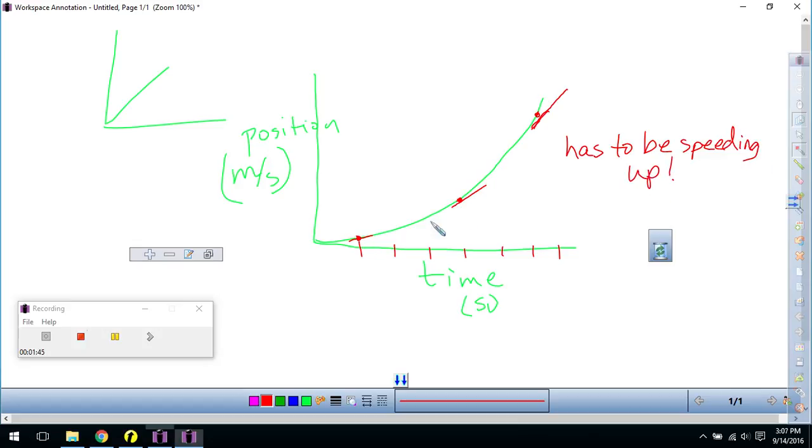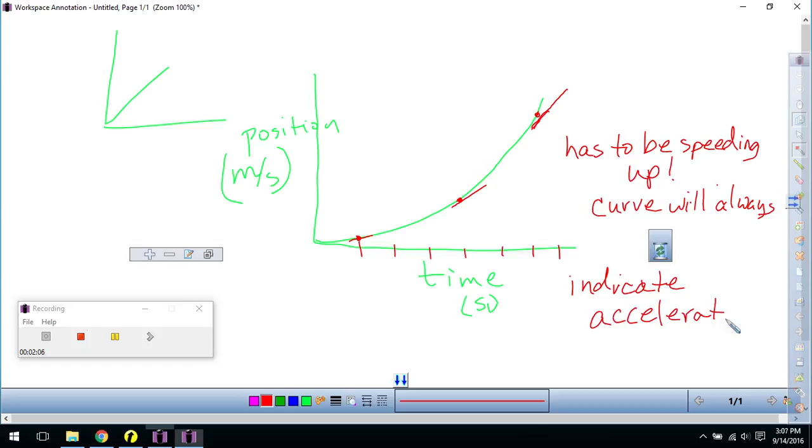If that is true, then this curve will always indicate acceleration if we are looking at a position versus time graph.